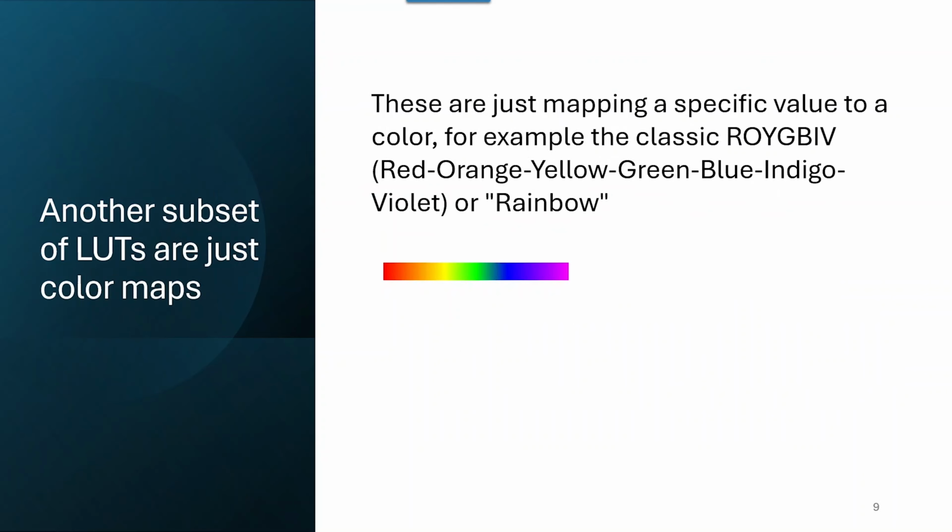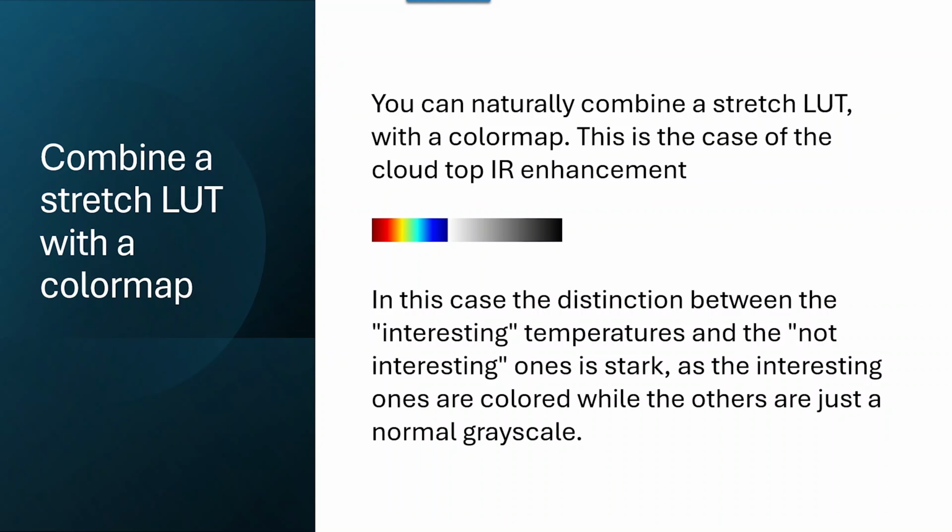Another subset of LUTs are color maps. These are just mapping a specific value to a specific color. We can naturally combine a stretch LUT with a color map.